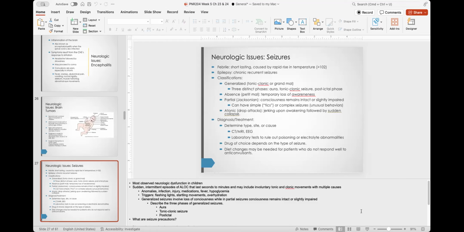And then atonic seizures, they happen in the morning. So you get jerking when you wake up in the morning and then suddenly you fall to the floor. So those are those atonic seizures. So that's slide 27 in your PowerPoint this week.